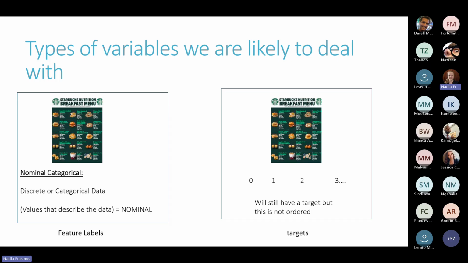Or you can count how many jelly beans you ate. So it's very easy to count it. It's countable. You can see the breakfast menu. You can count how many items there are on the breakfast menu. So it's not ordered, but it's countable. Okay, so it's targets. It's still, you can count it.